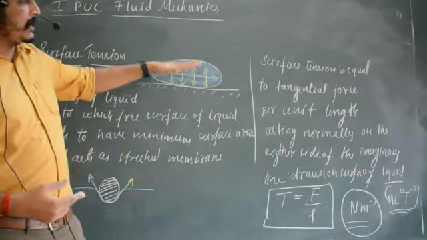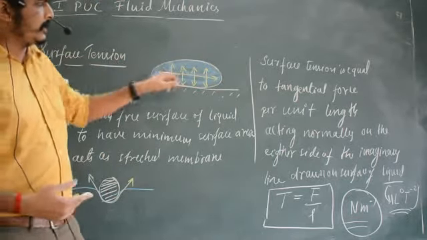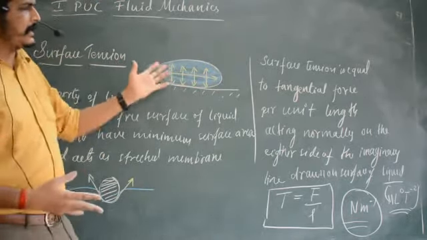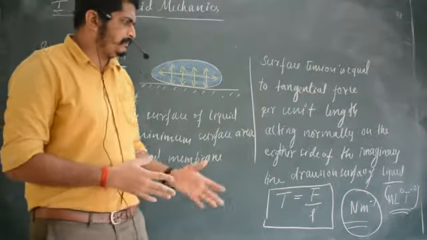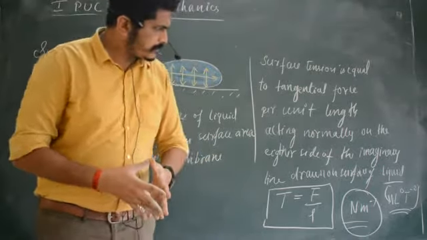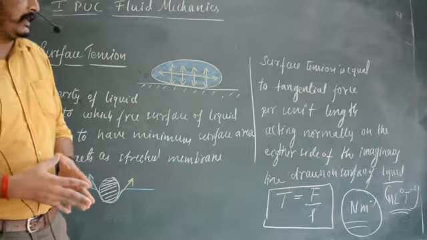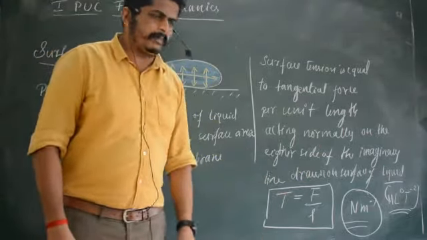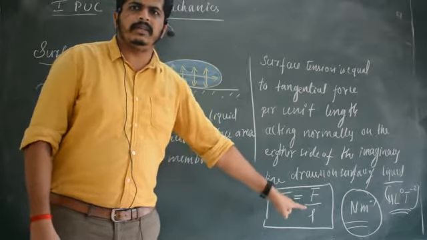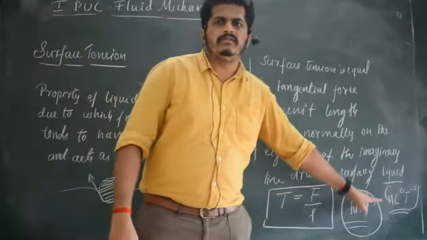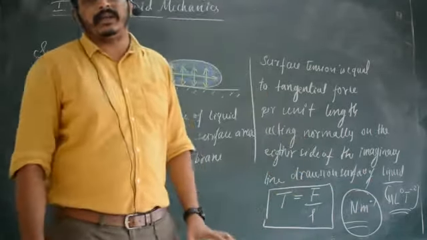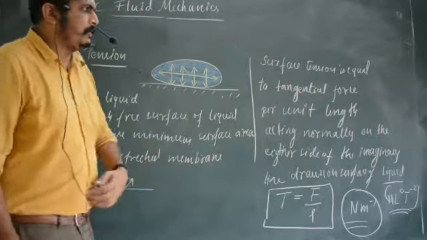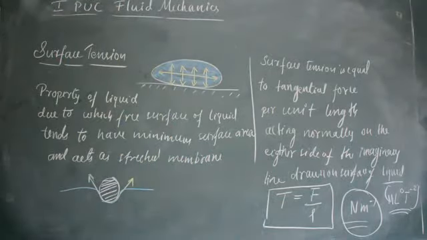Either side means upside, downside. Look at the diagram: an imaginary horizontal line drawn on the surface of the liquid. So T equals F by L, newton per meter. The formula, SI unit and dimensional formula I have also mentioned here, students. So this is all about surface tension.